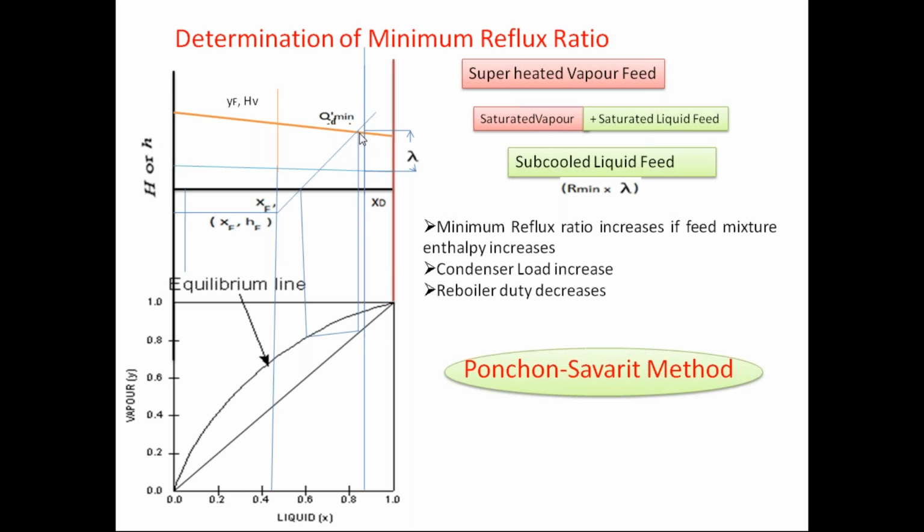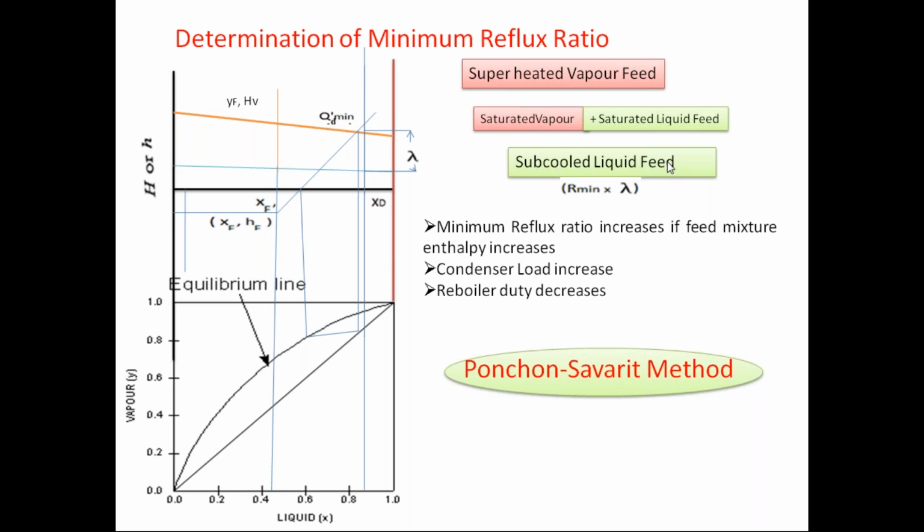Such a trial and error method has to be used to draw the pinch point. So this is one pinch line which you have drawn, which is going through the F, and this is the Q minimum. And see that this is anyhow lambda, only a very small value will be there. So R minimum will be very small, because only this much height has been increased.